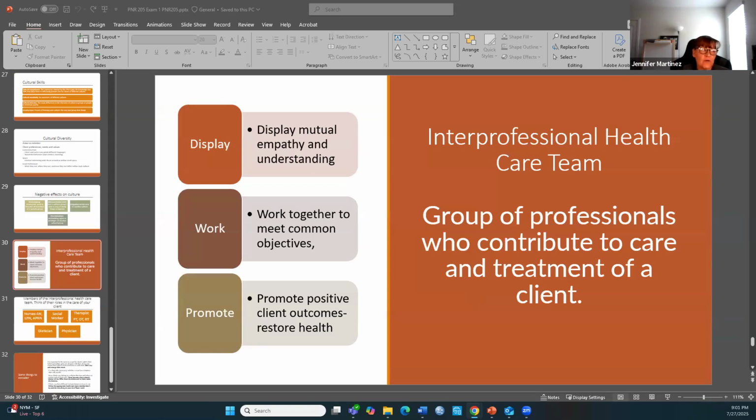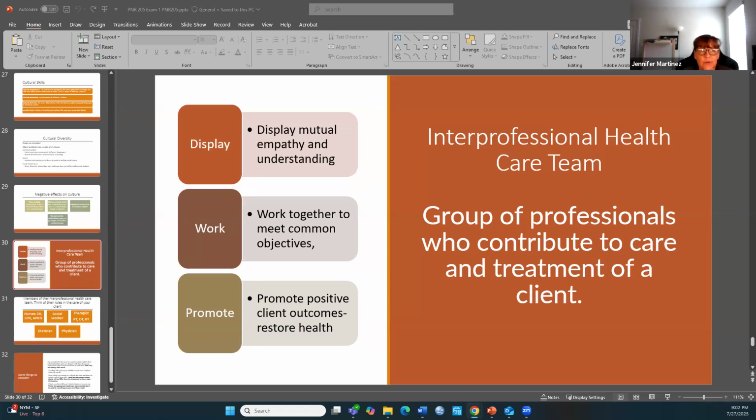And then we have our wonderful IDT, which is our interdisciplinary healthcare team, the group of professionals that contribute to the care and the treatment of a client. Depending on where you work is going to determine who is going to be on your care team. For example, long-term care, I work rehab, so we have physical therapists, occupational therapists, dietary, social work, activities, nursing, right?